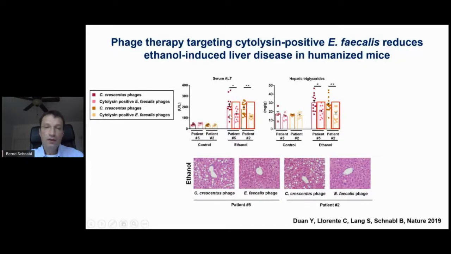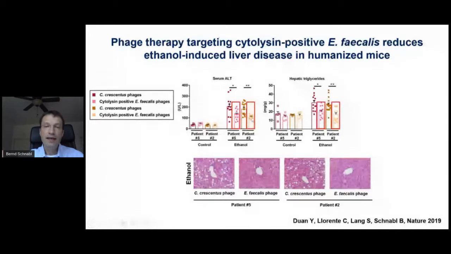So these are one group of mice that were colonized with the same donor from a cytolysin-positive alcoholic hepatitis patient. This is a mouse group that was treated with the control phage, and this is a mouse group that was treated with the phages directed against the cytolysin-positive Enterococcus faecalis. And you can see that we can achieve a significant decrease of liver injury, significant decrease in hepatic steatosis.